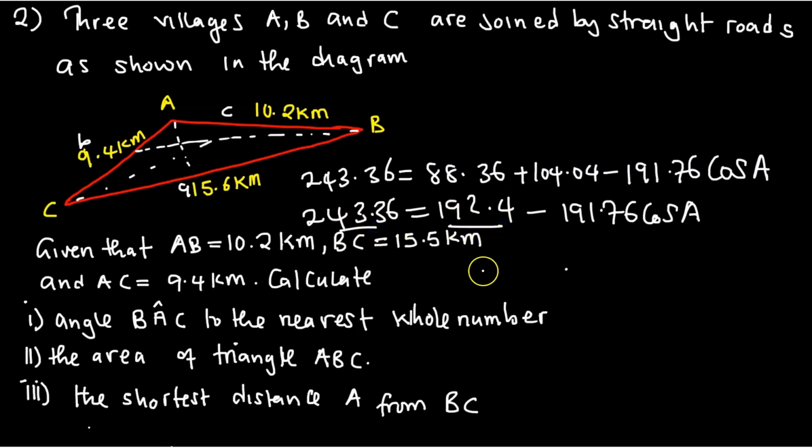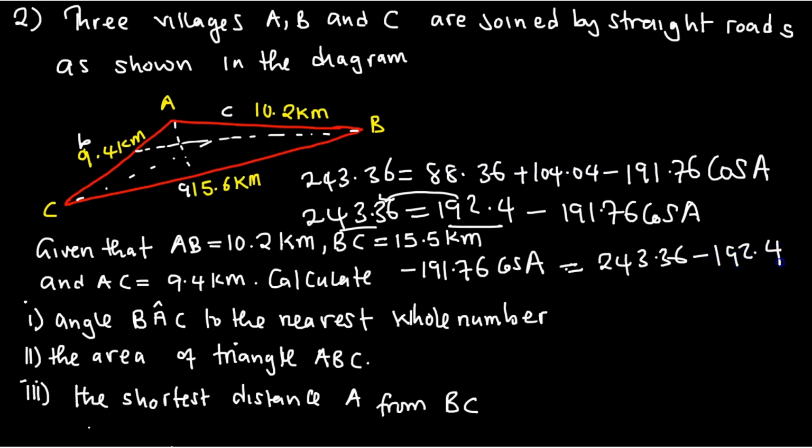Let me write it in this manner: negative 191.76 cos A. I have just moved this one to the other side, which means on the other side you are going to have 243.36 minus 192.4.